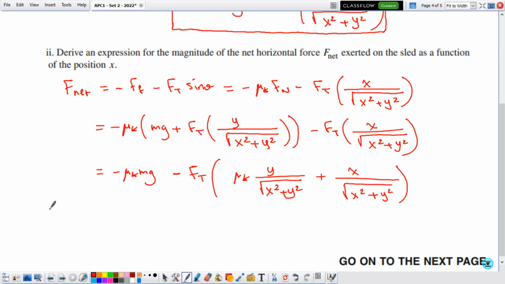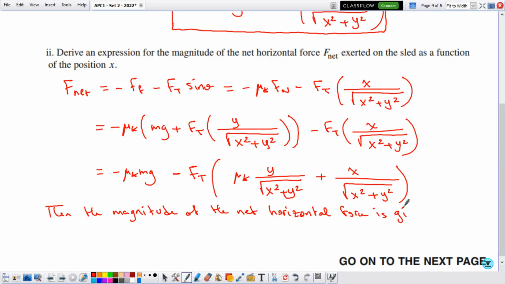Then the magnitude of the net horizontal force is given by F naught, which is plus mu k mg.